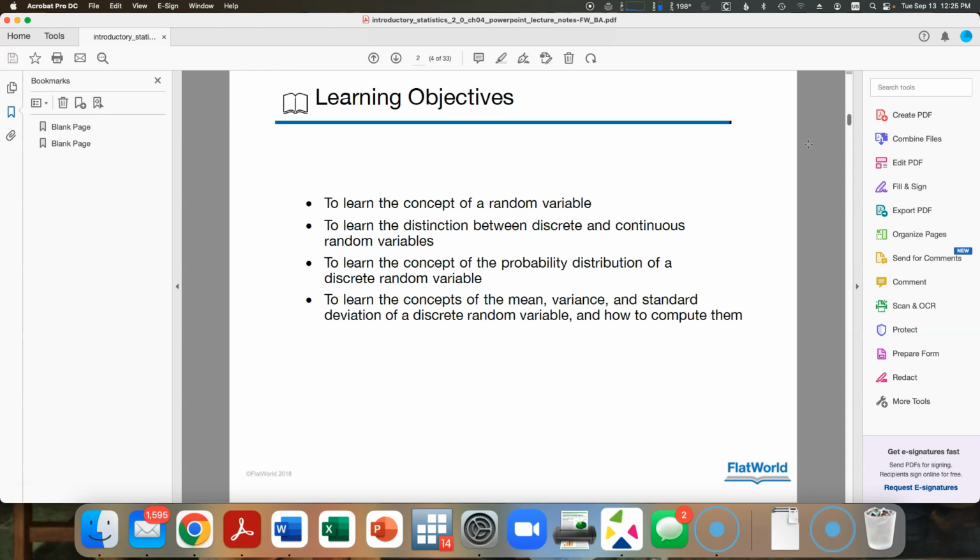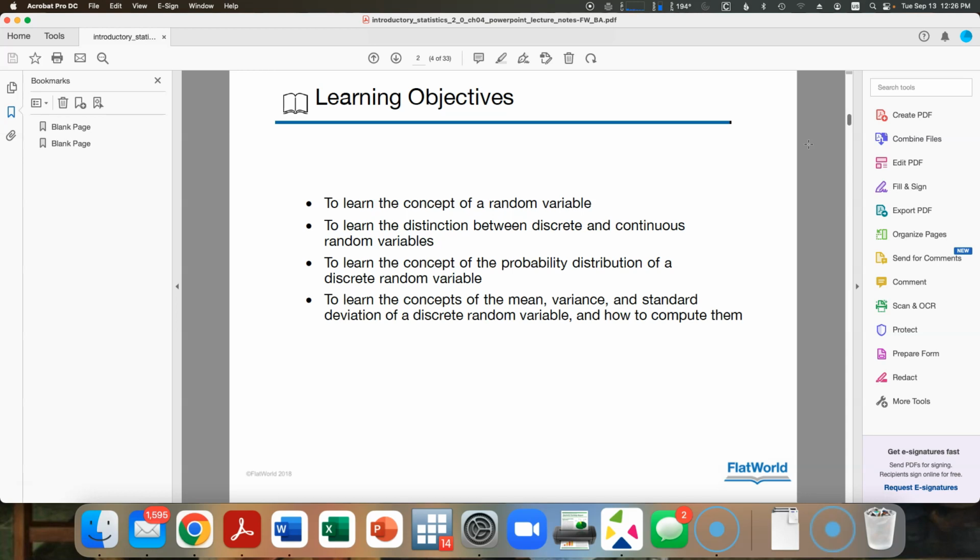So as an overview of what we're looking at here, we're starting by understanding again what a random variable is, and learning the difference between discrete and continuous, which I've already done some of, but we'll talk about them in more detail.